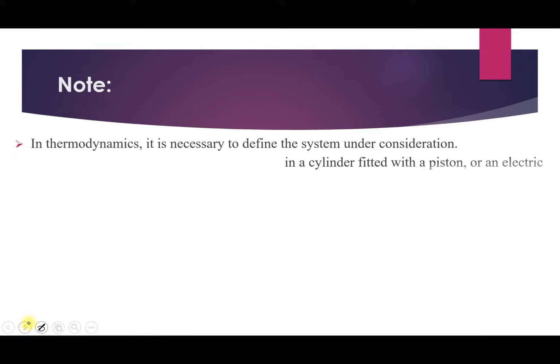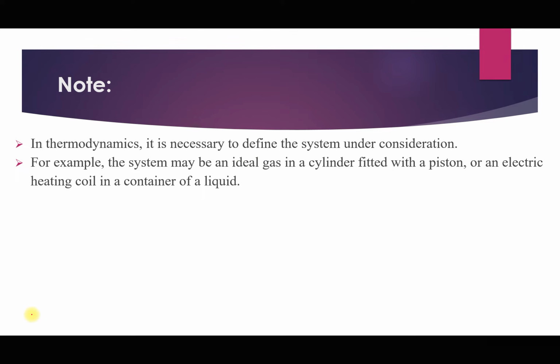If it is an ideal gas, we know that the potential energy component is zero, it doesn't contribute to the internal energy. It could be an ideal gas in a cylinder fitted with a piston, or an electric heating coil in a container of a liquid. So defining the system being considered here is very important for us to know how the internal energy changes.